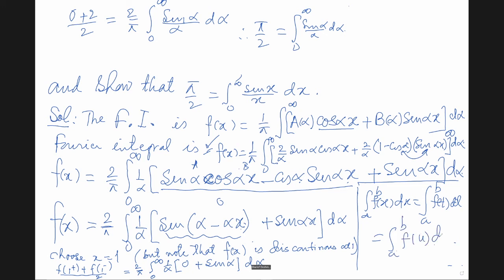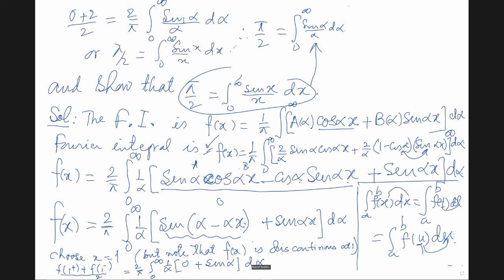Do you understand this? Yes, this variable is dummy. So this is the meaning. So did you prove this? Yes. So it is the same as pi by 2 equals the integral from 0 to infinity of sine x over x dx.